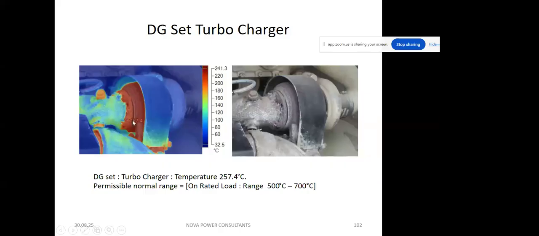On the photograph it is mentioned that 257.4 is the maximum temperature over here, and further it is less. The hot air is the inlet to the turbocharger, and from this the cold air is forced there. The permissible normal range is 500 to 700 degrees at the exhaust, so it runs on the exhaust temperature.